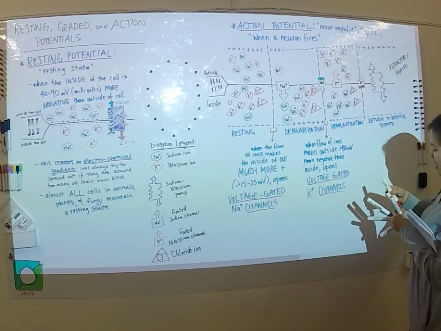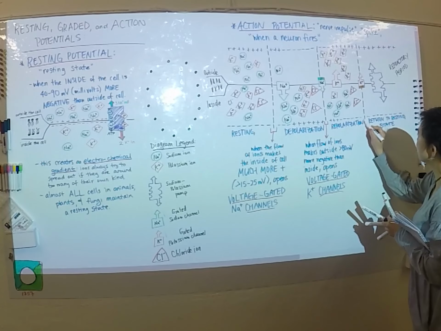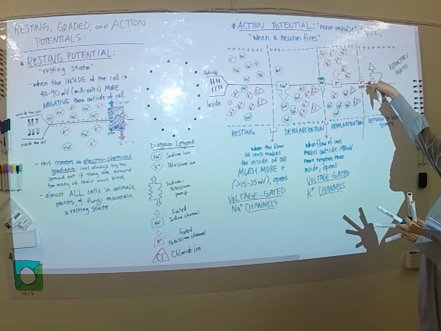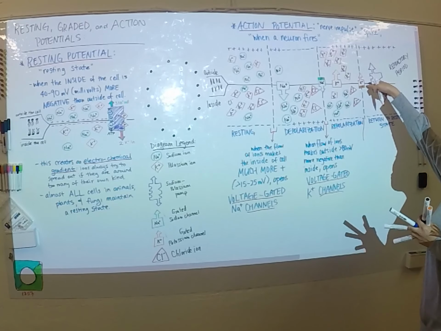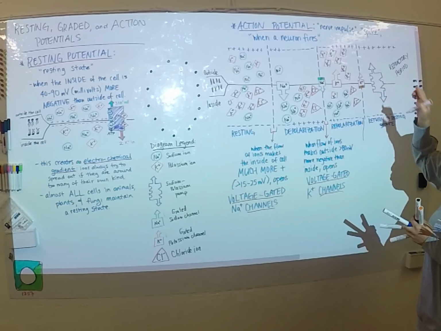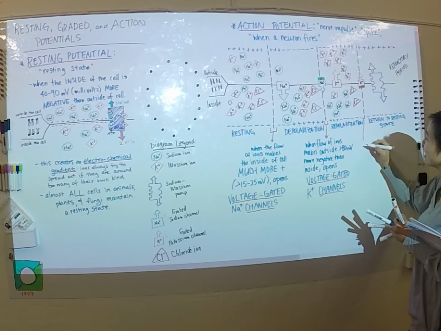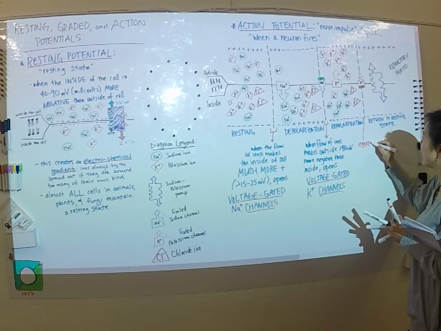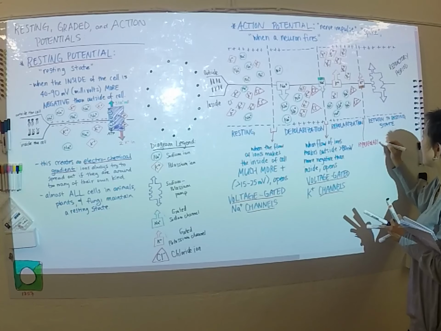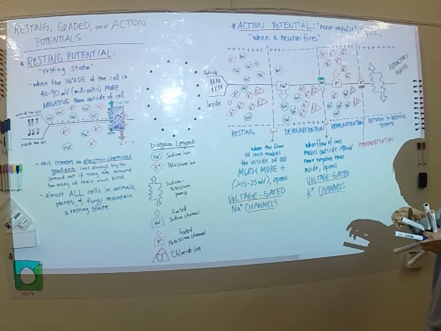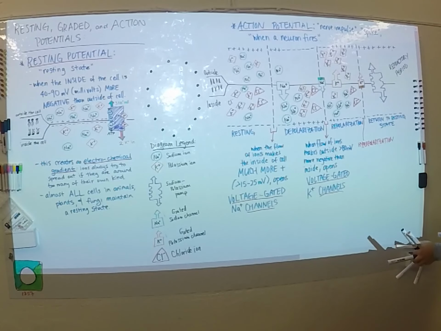And right here, just before these channels, the potassium voltage-gated channels, just before they get inactivated, blocked, that's when hyperpolarization happens. Hyperpolarization. Okay? All right.